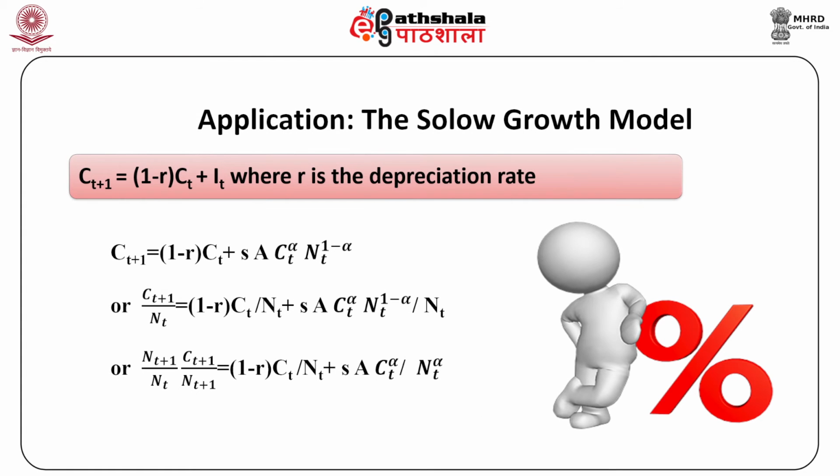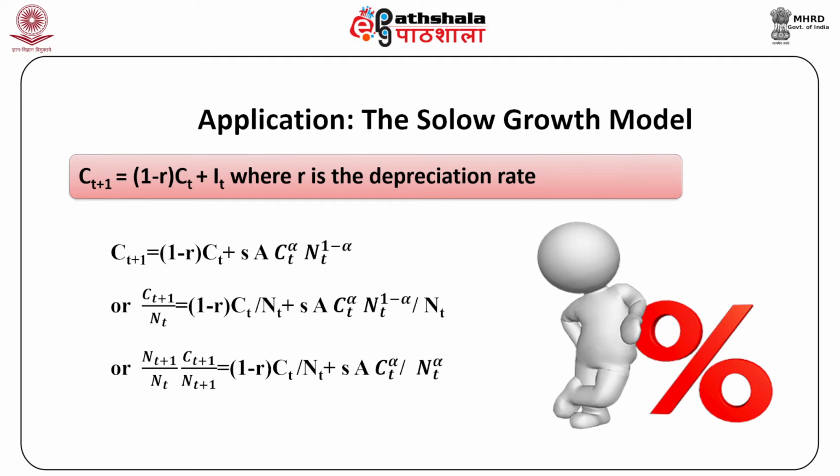C_{t+1} is equal to (1 minus R) C_t plus I_t, where R is the depreciation rate. Substituting the values for I_t in terms of S_t and the corresponding related variables C_t and N_t, we get C_{t+1} is equal to (1 minus R) C_t plus S A C_t raised to the power of alpha N_t raised to the power of 1 minus alpha.